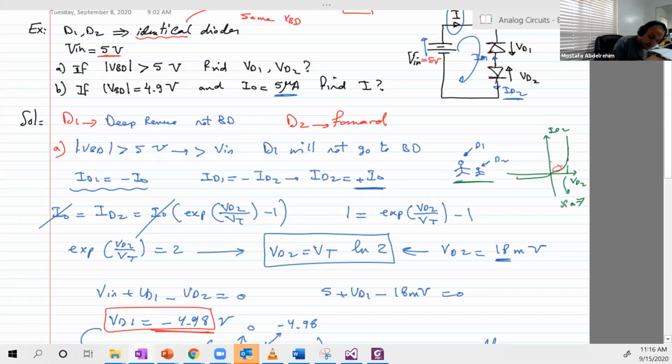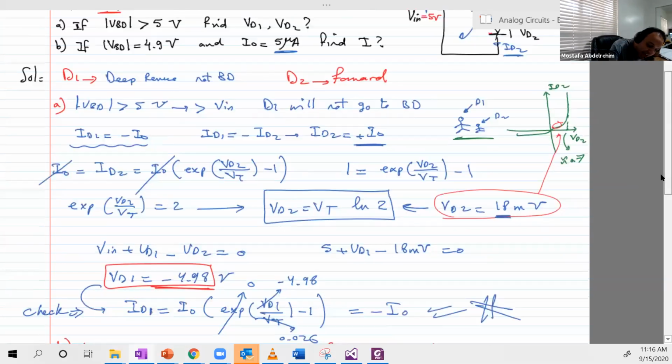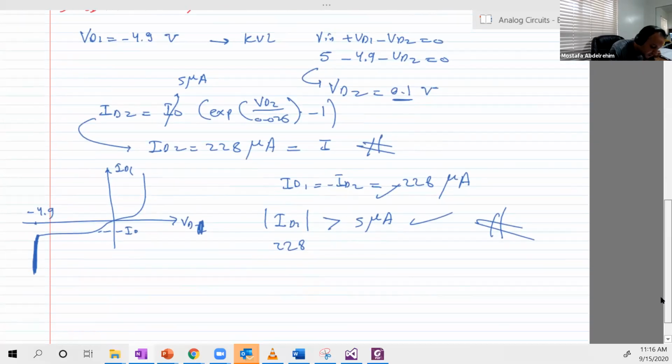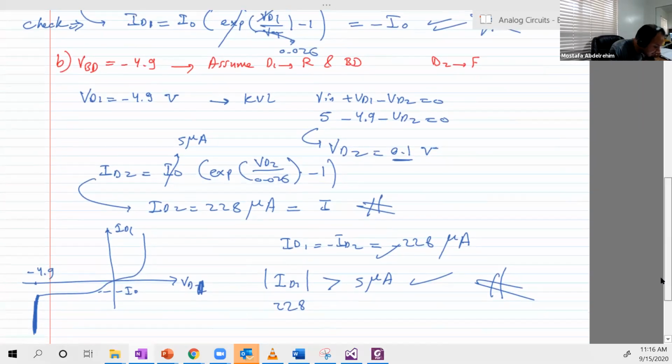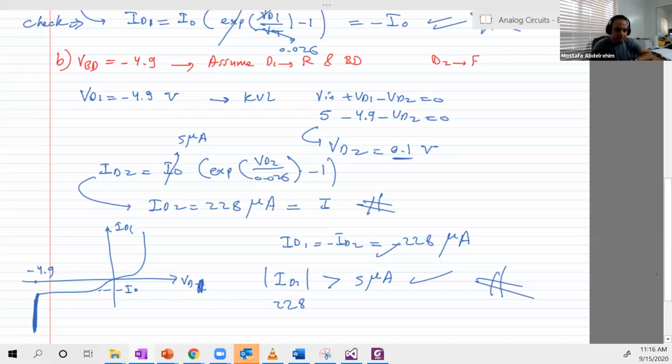And that's what actually happens. We found that VD2 is equal to 0.1 volt, very, very small, much lower than 0.7. This happened because the input is only 5 volt: 4.9 of them goes to D1 and only 0.1 goes to D2.